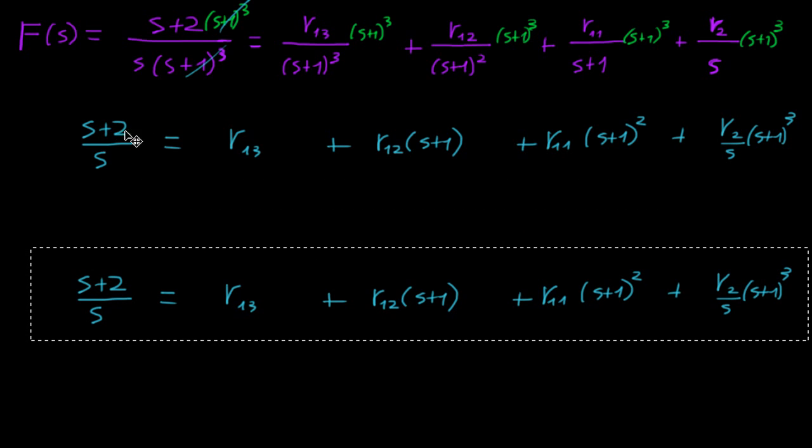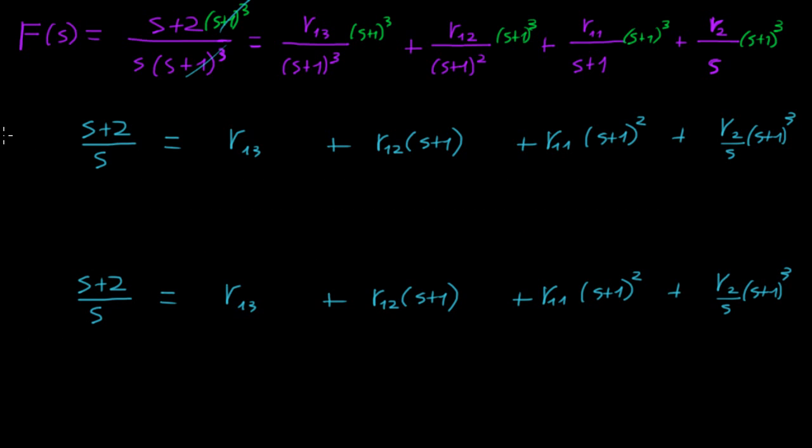and now we can assume here that s is equal to minus 1, and therefore here we have 0, 0, 0, and r13 is equal to minus 1 plus 2 over minus 1, that is minus 1.